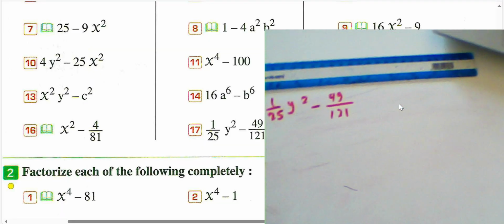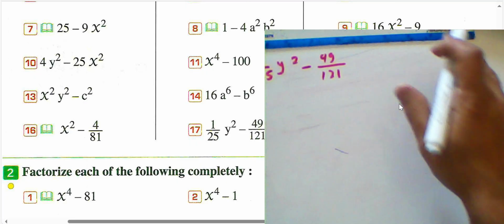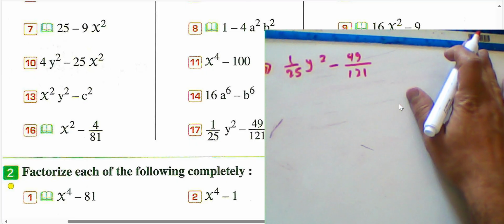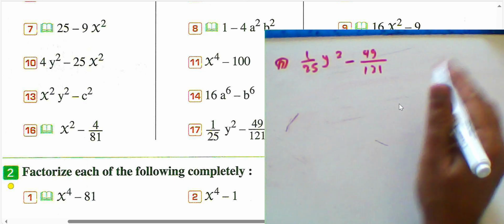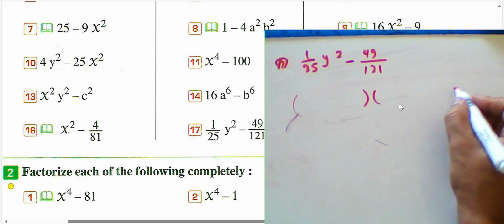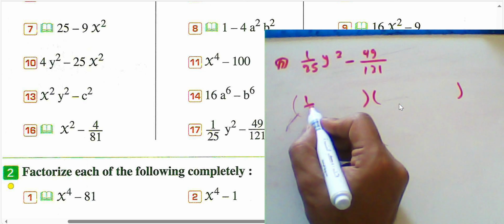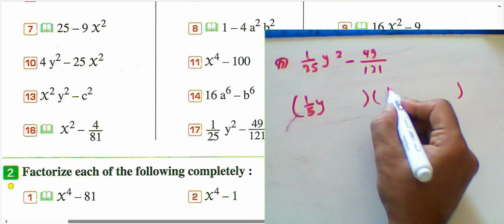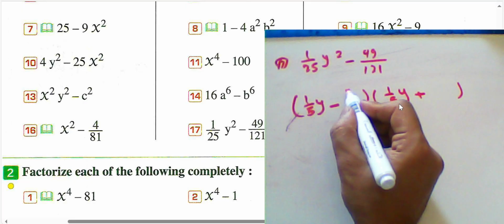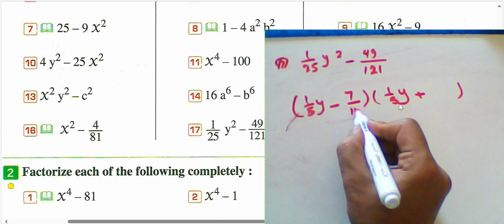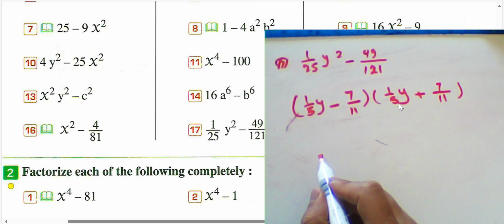Okay, we can write two brackets here. تقدر انت تتعامل معاها بسهولة لان هنا factorizing سهل، لان عندي هنا difference between two squares. يعني هنا brackets وهنا brackets or 1 over 5y وهنا 1 over y. Write negative and positive. Square root of 49 is 7 and 121 is 11, and 7 over 11.